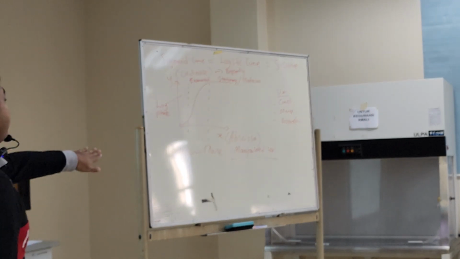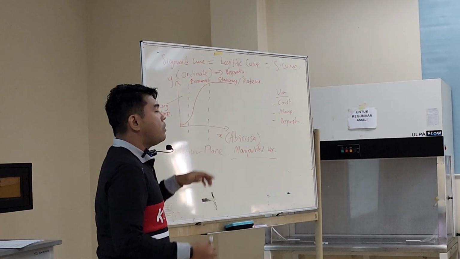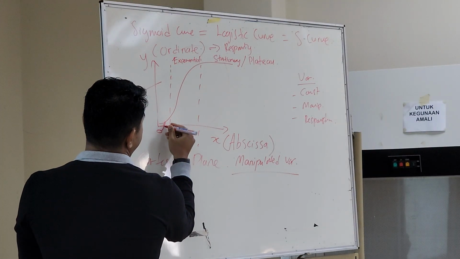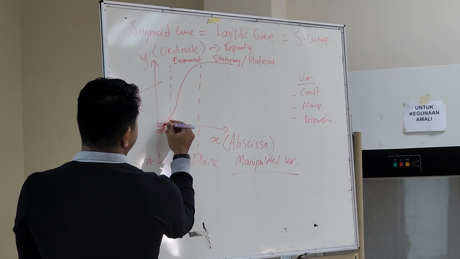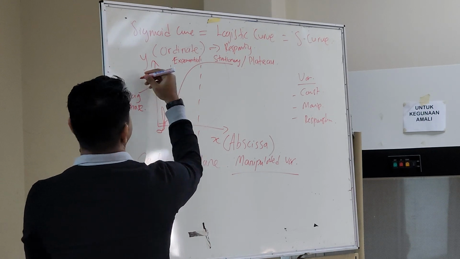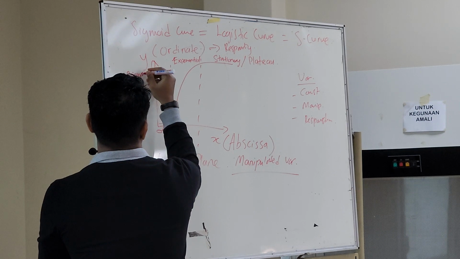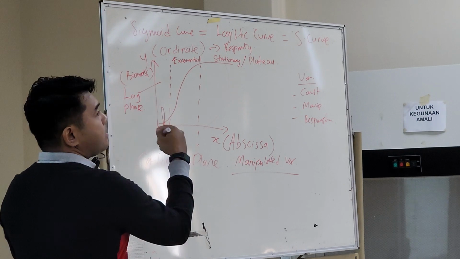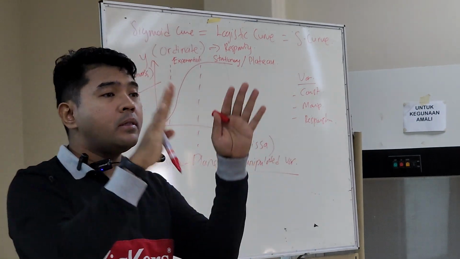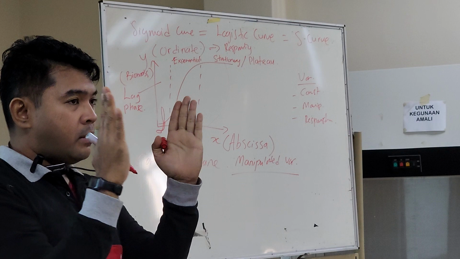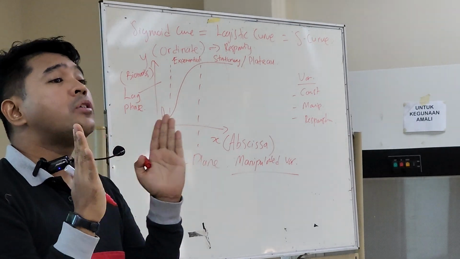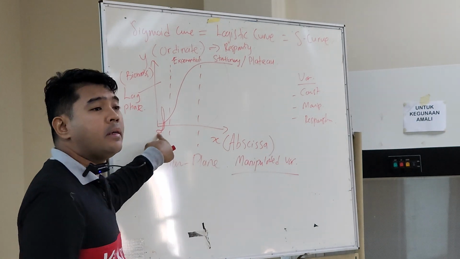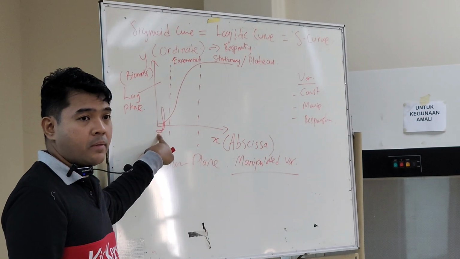Okay, from the beginning, let's say that your seedling just germinated, you're going to get one leaf, and then you start to get the second leaf, and let's say that this is the biomass increment on your y-axis. The moment 1, 2, and 3 leaves have started to appear, the seedling now is able to manufacture its own food, right?